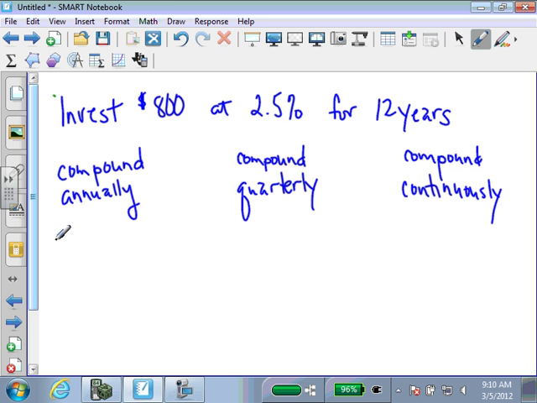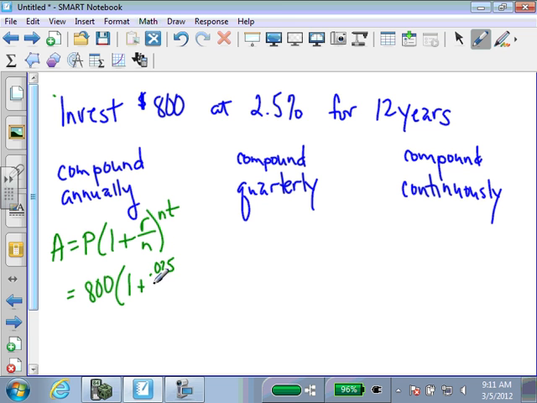If we compound annually, the amount we will have would be our $800, our initial amount, times 1 plus our rate, which we have to convert from a percent to a decimal, so 0.025. Annually means once a year, to the 1 times 12 power.